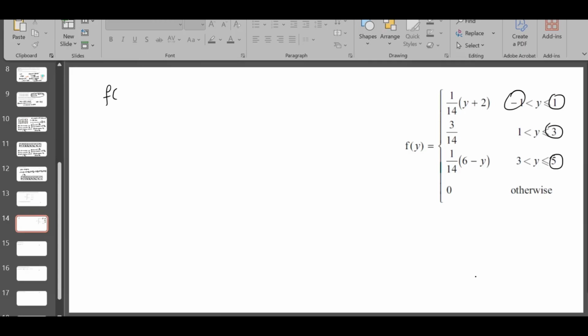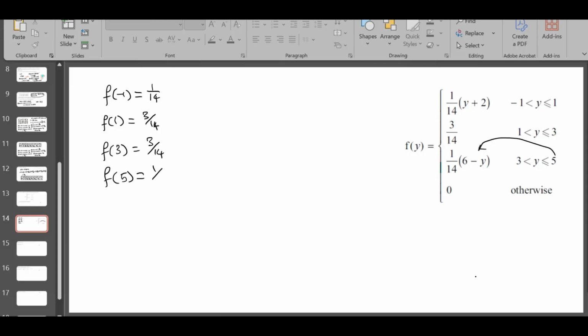So f of -1: when you sub in -1 in the place of y, you will get 1 over 40. f of 1 is 3 over 40, since there is no y here, so you sub in any value. Then for 3, when you sub in 3, also 3 over 40. Sub in 5, you will get 1 over 40.